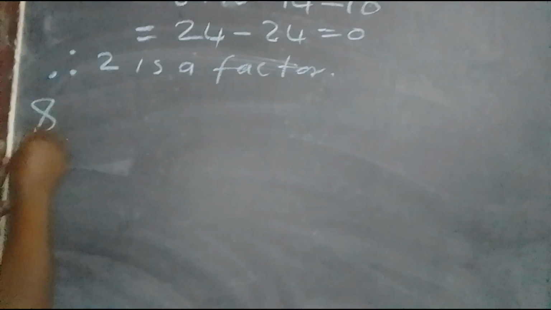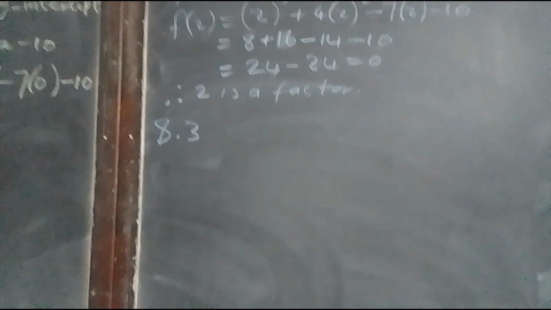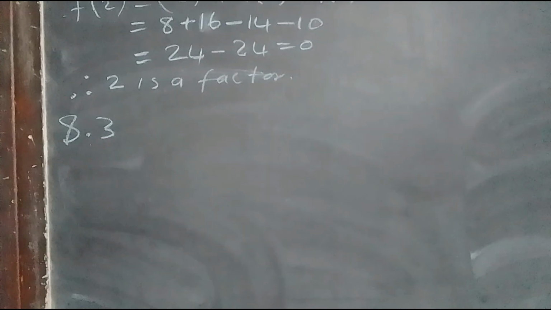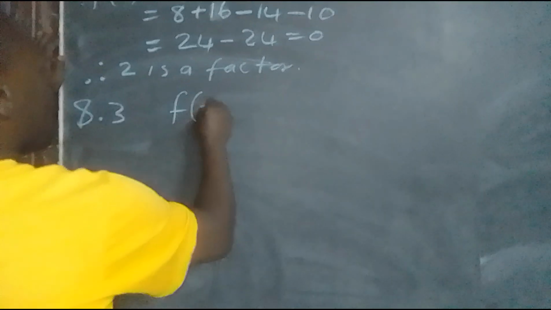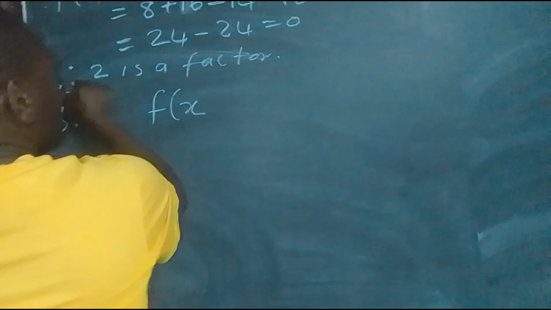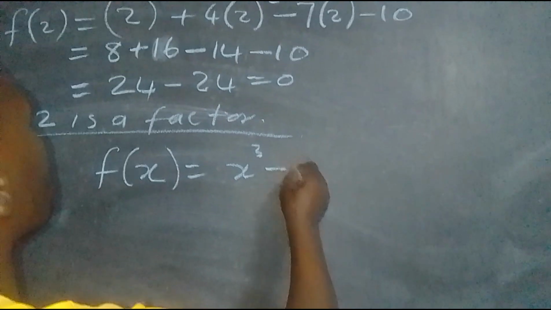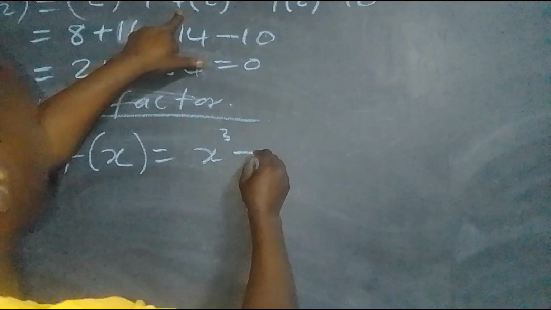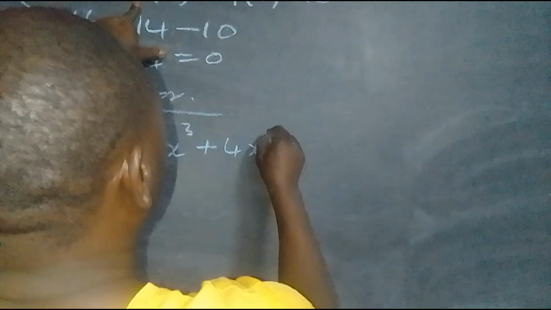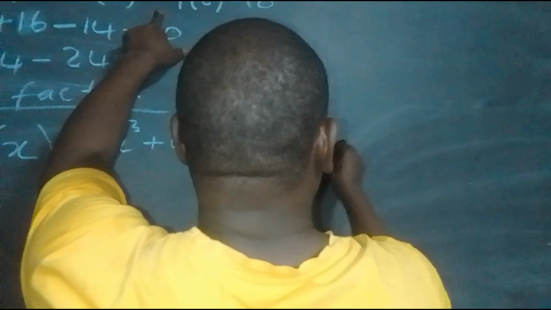We go to 8.3. 8.3 says, hence factorize f(x) completely. Now we are going to factorize the function f(x) equals x cubed plus 4x squared minus 7x minus 10.